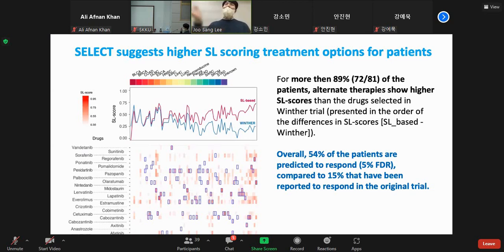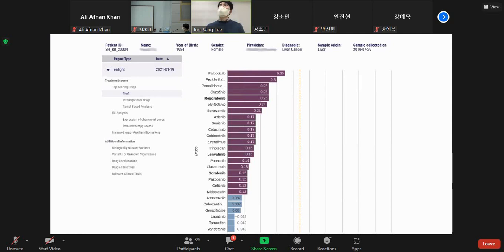And based on the trial paper, for one patient, the result of our analysis was that all the treatment options, including those treatments that she had received, didn't reach the criteria for our recommendation. So our recommendation already predicted that those drugs won't work.